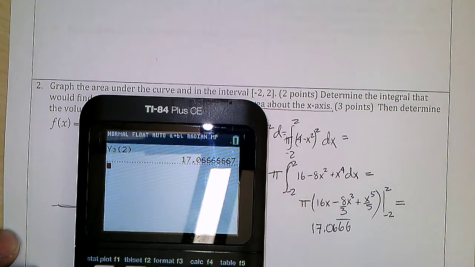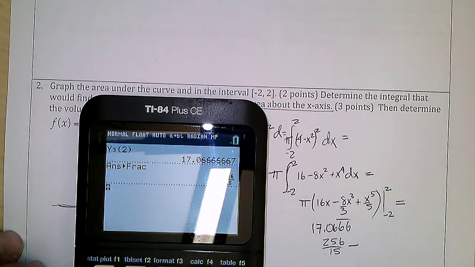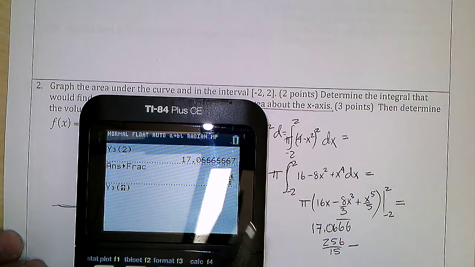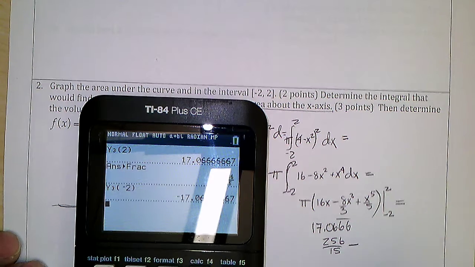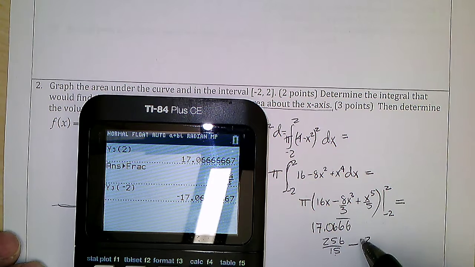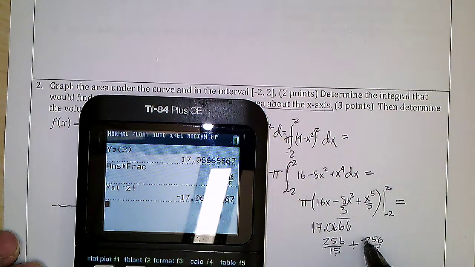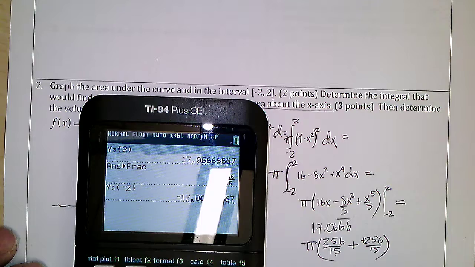I can change that to a fraction. Math, enter. That's 256 fifteenths. Minus, now I got to put in -2. So instead of 2, I'm going to put in a -2. And I get the negative of the same thing. So I get -256 over 15. Minus a minus is plus, so I'm going to get pi times 2 of those, which is 512 fifteenths.